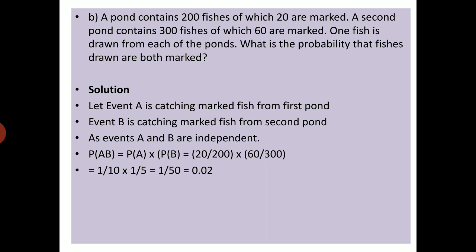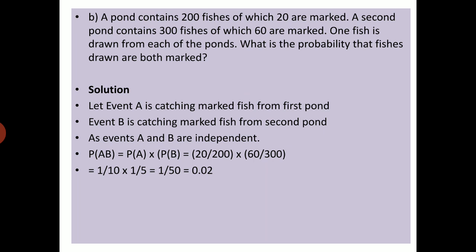B is catching a marked fish from the second pond. As events A and B are independent, both the ponds are different, so there is no chance that it will get repeated. Okay. So events A and B are independent.